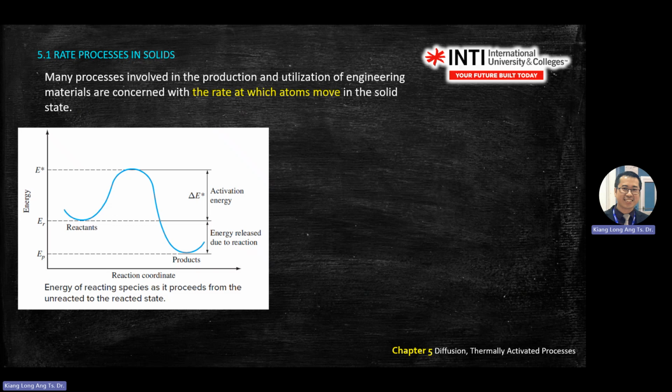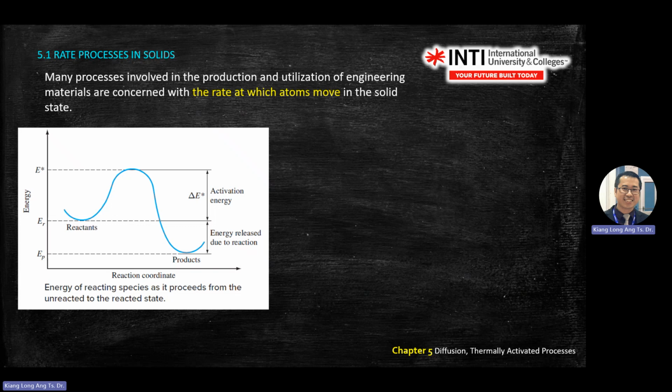Now we look at the rate, how fast the diffusion happens. On the graph here, we look at energy against the coordinate, or the reaction location. This is just a presentation.